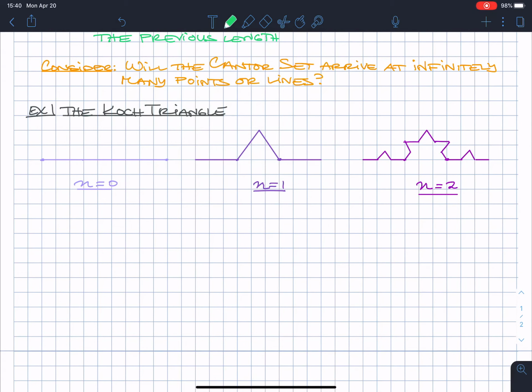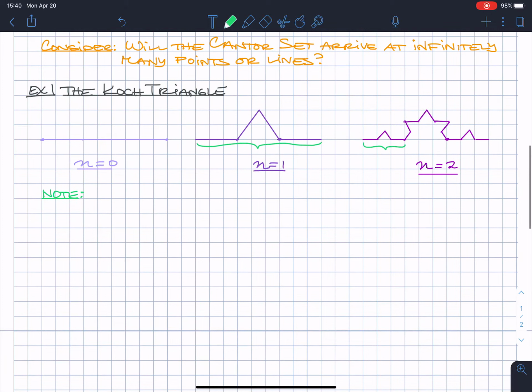So let's note, what is a magnification factor? Well, if I were to look at this guy here, which has a width of 3 units, and this guy here, which has a width of 9 units, it looks like the magnification factor is also 3 for this one.